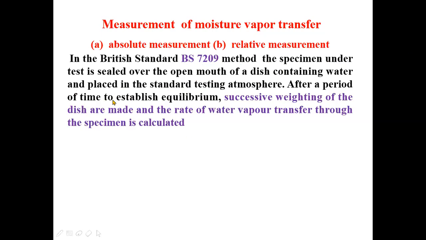After a period of time, to establish the steady state, successive weighings of the dish are made and the rate of water vapor transfer through the specimen is calculated. I will discuss the detailed method afterwards. That means in the case of absolute measurement, we will measure the amount of water vapor that will pass through the fabric per unit time, per unit area.